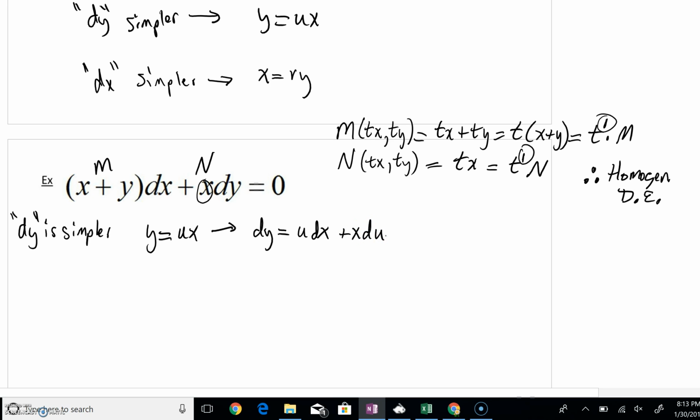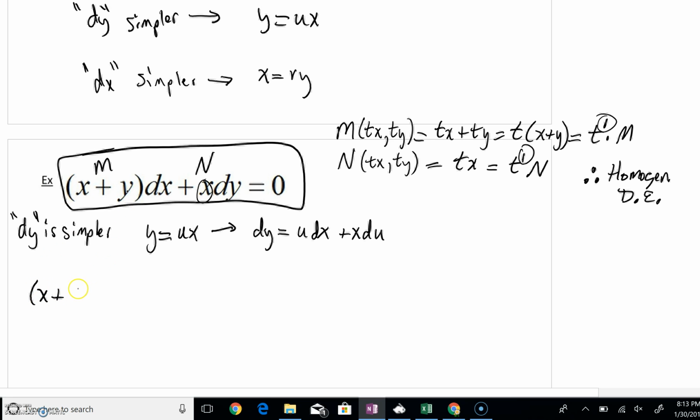Now, the whole reason for doing all of this is that right now I can come back to the original problem and rewrite it. I can say, well, let's see, I had an x plus, well, instead of having a y, I'm now going to replace that y with ux. And then I have dx.